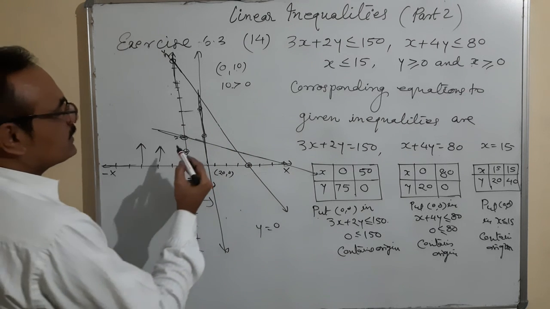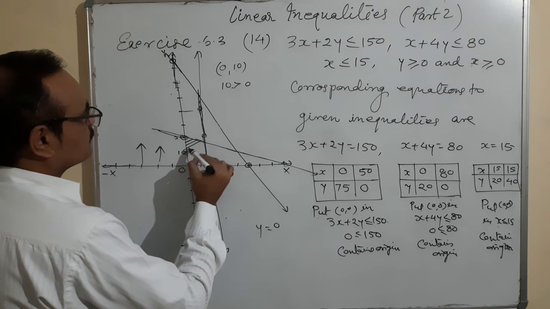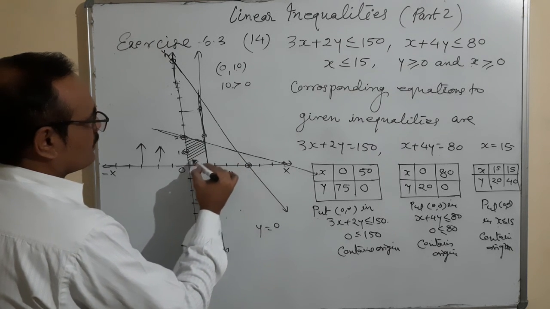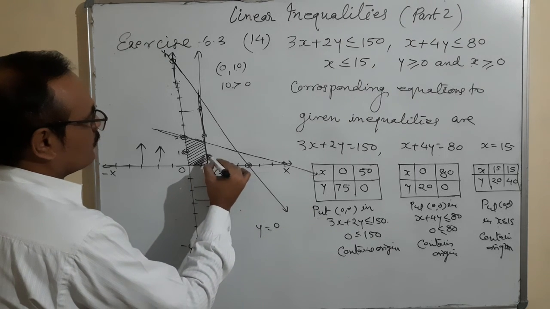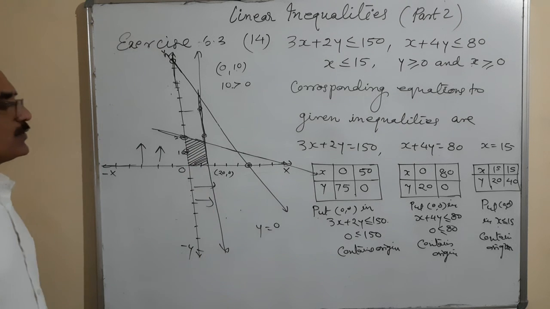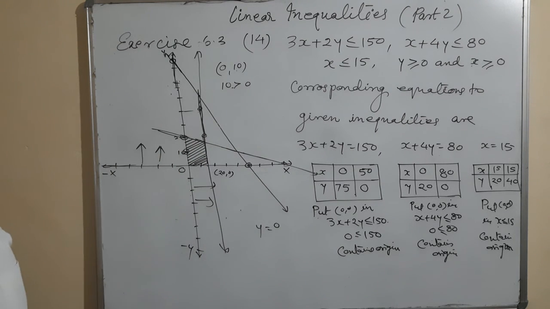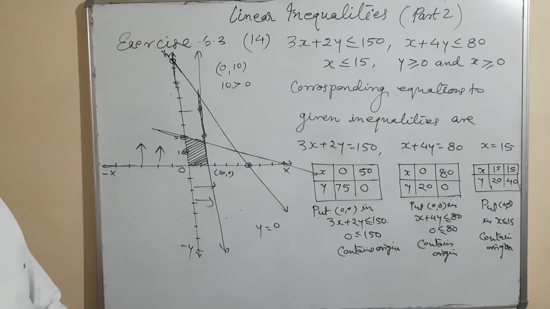So you can see this is the portion which is common for all these inequalities. Okay, clear? So that is question number 14.